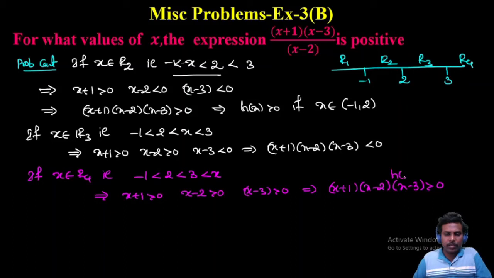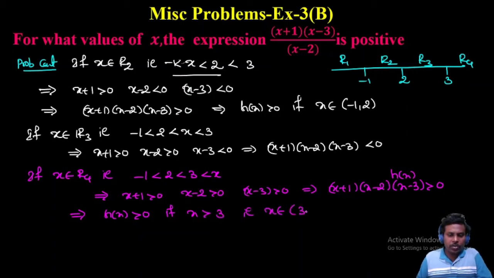This is your h of x. Okay, so h of x is positive if x is greater than 3, that is x belongs to the interval 3 to infinity.